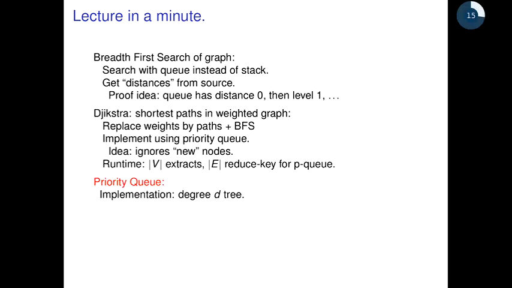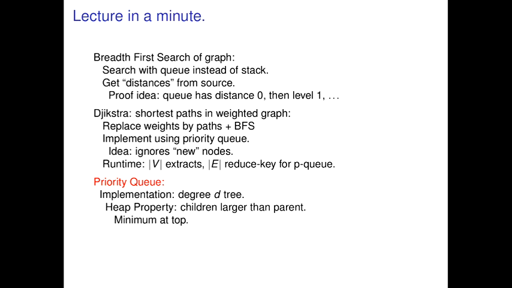Okay, and the priority queue, I'm going to tell you the implementation, which is a degree D heap. I think you might have done this in 61B. Who built a heap? Yeah. The heap property is that the children are larger than or equal to the parent. So the smallest is going to be at the top.